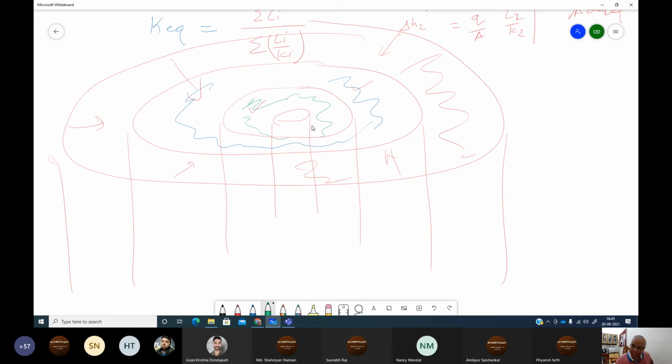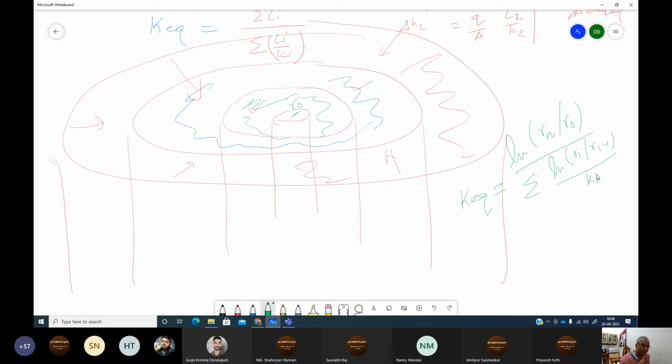Now, you can do the derivation at home, but I'm just writing the equation. K equivalent for series in radial will be ln Rn by R0. Here I am writing this is R0 and Rn is the last one. Divided by the summation of ln Ri by Ri minus 1, divided by Ki.